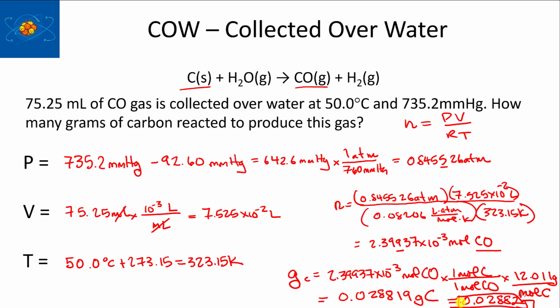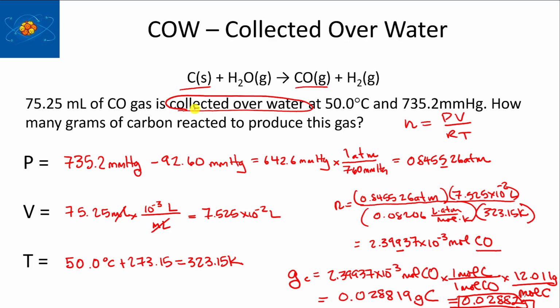Okay, so it's really not that different from problems that we've done before, except what you need to do at the very beginning is recognize it says it's collected over water. I often call them COW problems because that's the abbreviation of collected over water. So you have to recognize it's a COW problem, and you've got to take care of the vapor pressure of water in the total pressure.